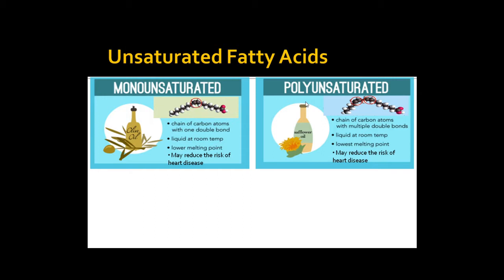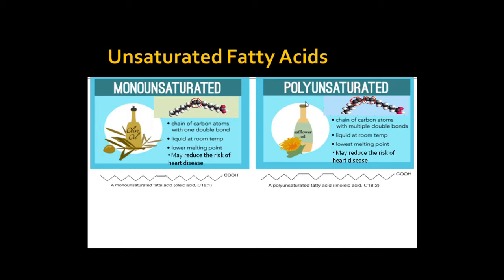Both are liquid at room temperature. Monounsaturated fatty acids have lower melting point compared to saturated fatty acids, and polyunsaturated have still lower melting point. Both monounsaturated and polyunsaturated fatty acids help in reducing the risk of heart diseases. So these are good fatty acids.